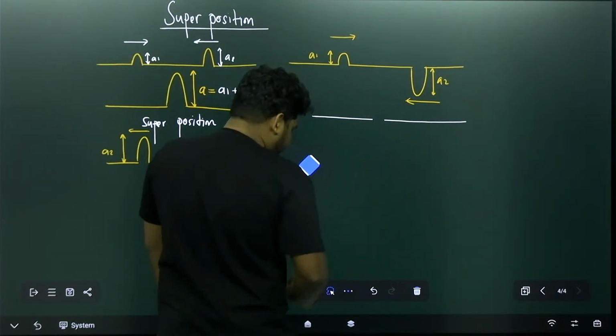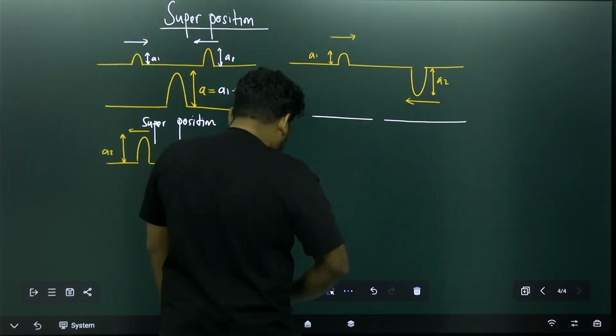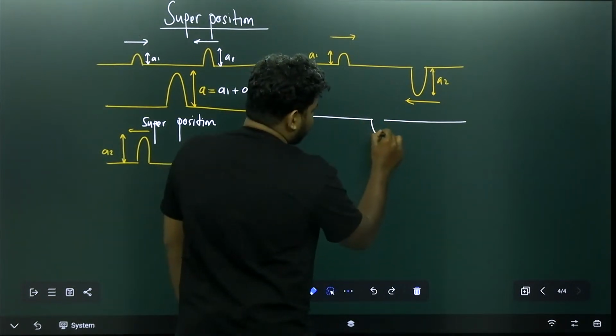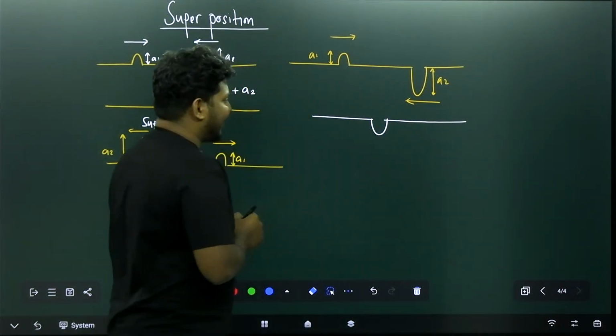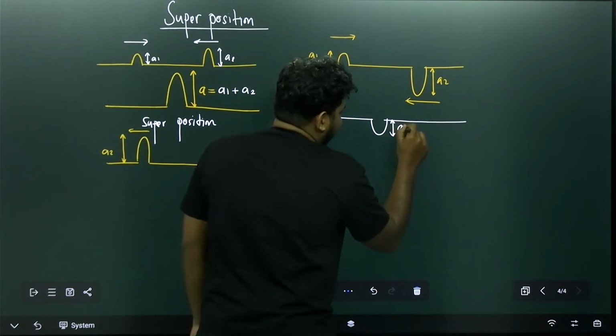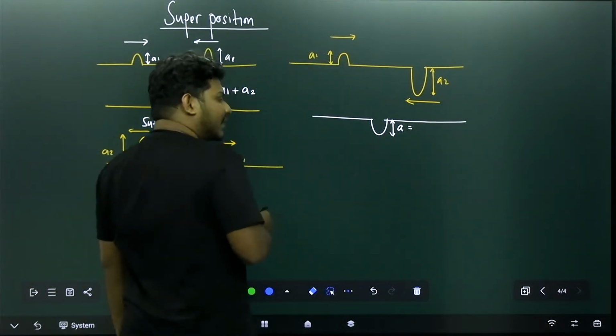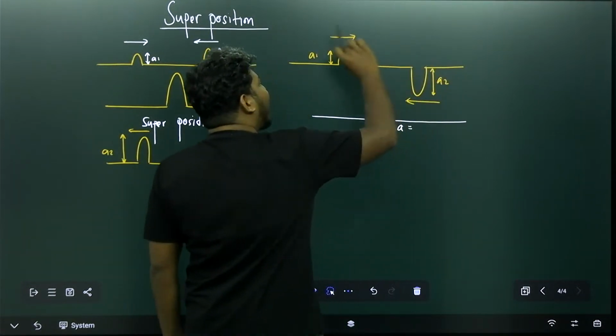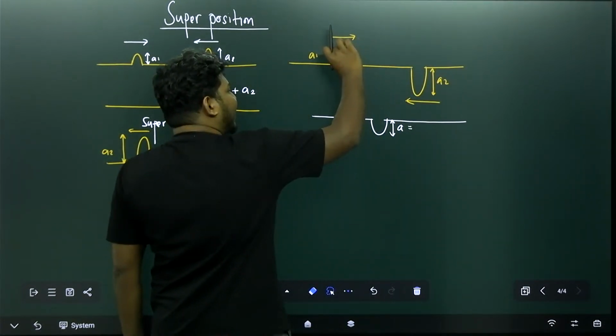In the superposition situation, let's say the amplitude is A. The resultant will look like this. This one is upside down, right? This one is straight, so A1.